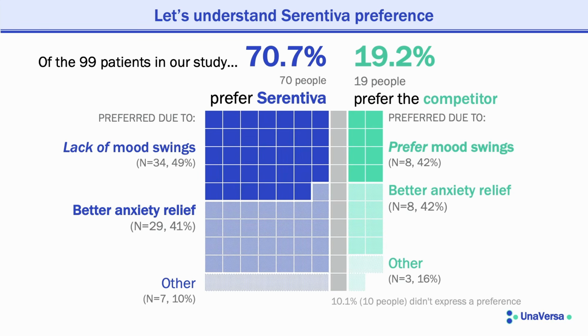So at the end of the short presentation, this final summary slide would stay up on the screen during Q&A, giving the psychiatrist audience a comprehensive overview of the results that were just shared. This was also printed and provided with additional materials to attending physicians on Serentiva, so that they had a reminder of what was covered.